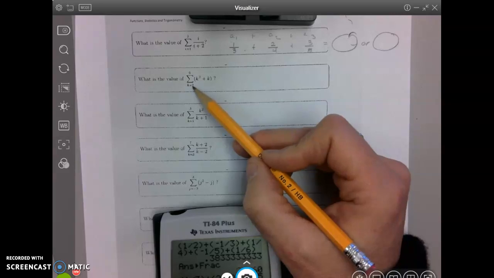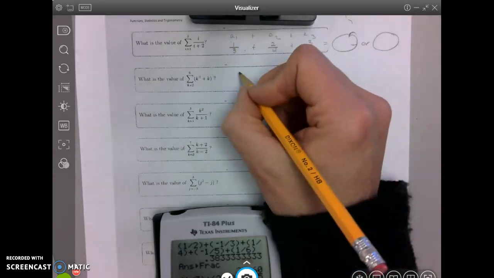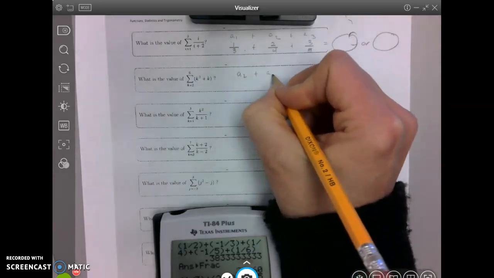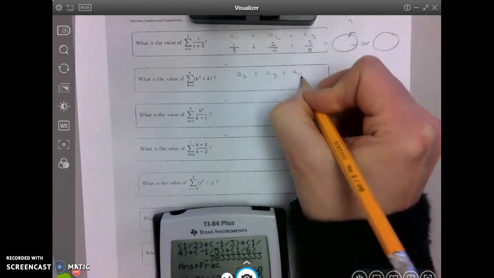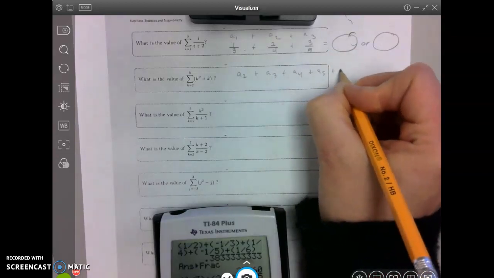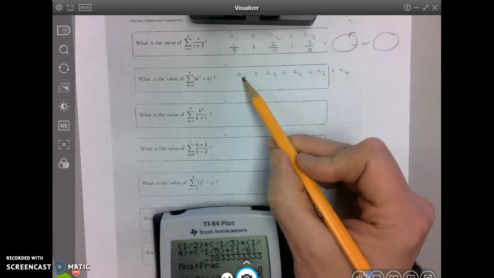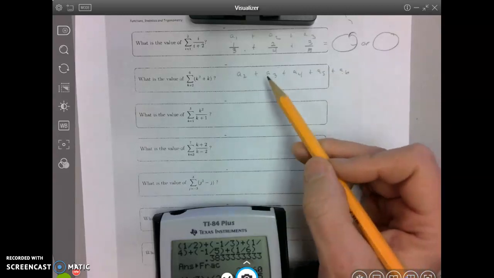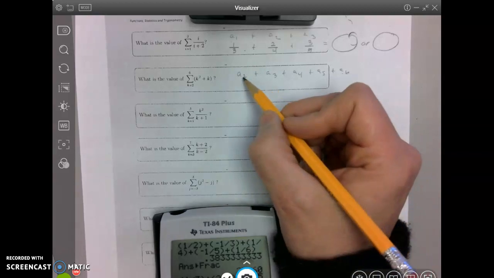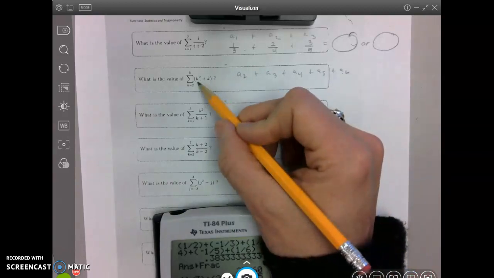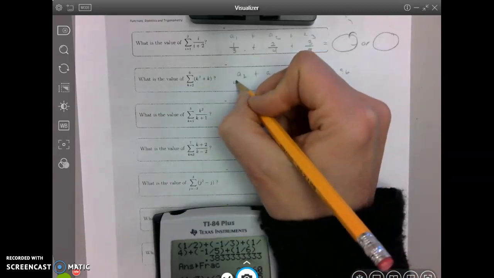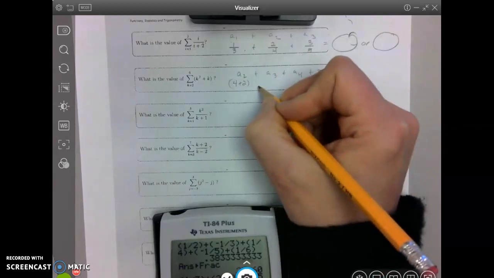I'm going to go from k equals 2 to 6. So a sub 2 plus a sub 3 plus a sub 4 plus a sub 5 plus a sub 6. The reason I do this sometimes is sometimes I need that reminder of what I'm substituting in. So 2 squared is 4. It'll be 4 plus 2.